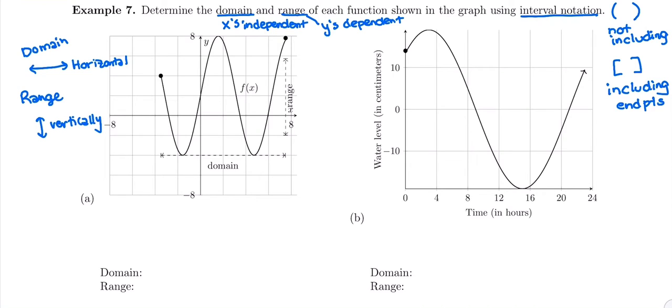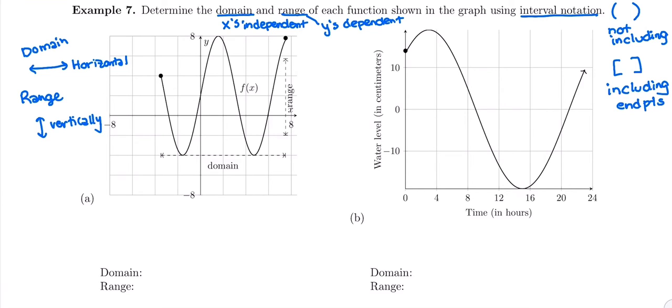So looking at this first graph, after reviewing all of those terms, we want to find the domain and the range. So we want to figure out the smallest x value to the highest x value for the domain first. So looking along the x-axis for domain, here's our x-axis. We want to figure out what x values are included in the domain.